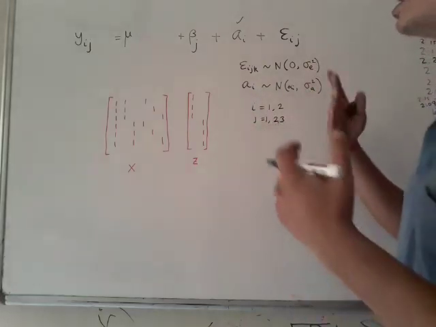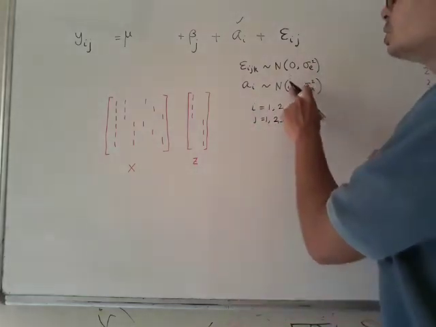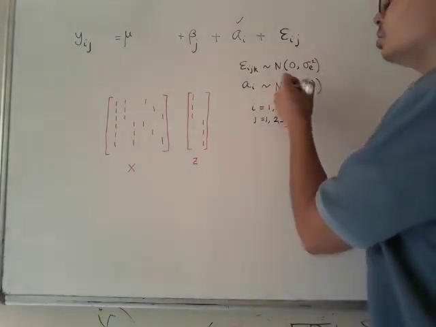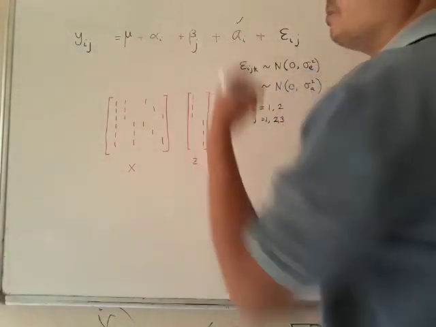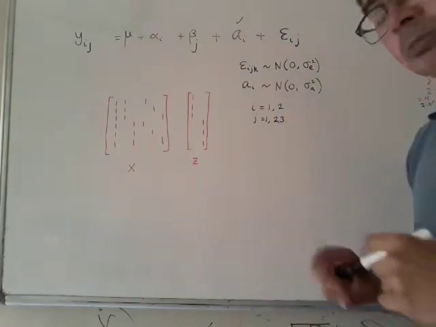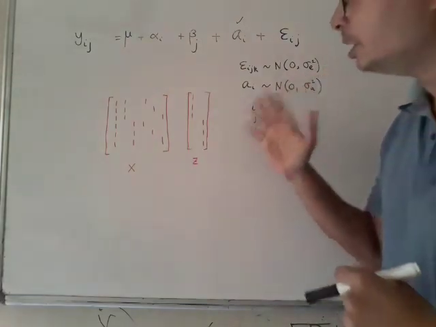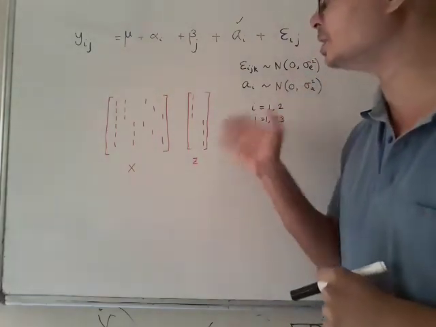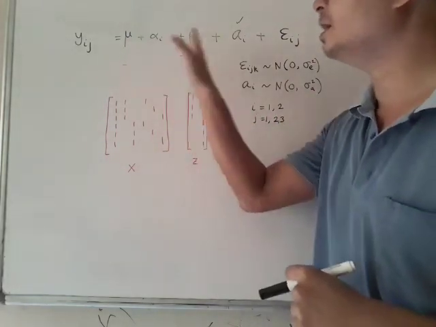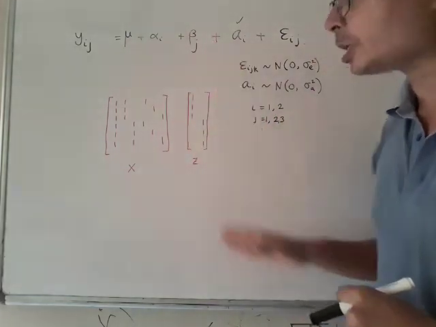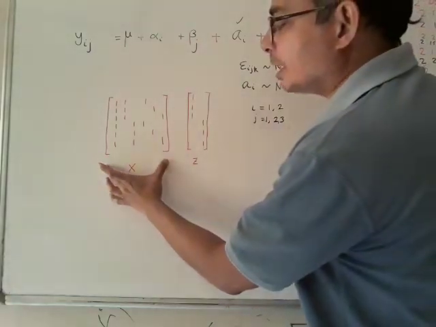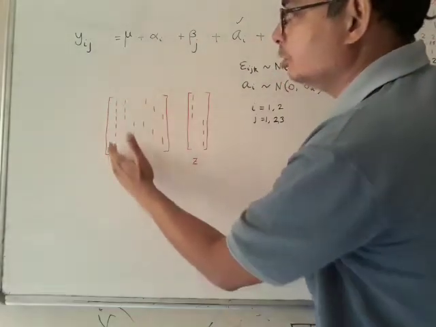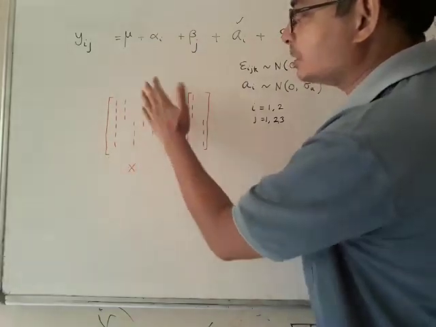But since standard softwares will always put this assumption, it has to be 0, you just make that into a separate fixed effect. So that is why you sometimes see in a linear mixed effects model, the same thing is listed both in fixed as well as in random. Now the effect here is that this is the design matrix X: mu, the alpha columns and the beta columns.